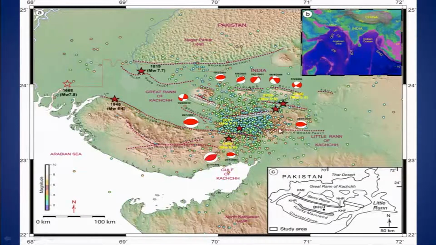But I am not going to discuss this in detail, we'll just jump to this area because this is more interesting. I would like to add that on this fault, the South Wagad fault, we identified two earthquakes which were responsible for the damage to the Harappan civilization here.